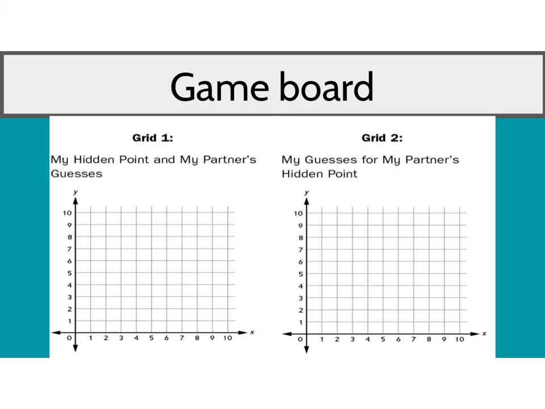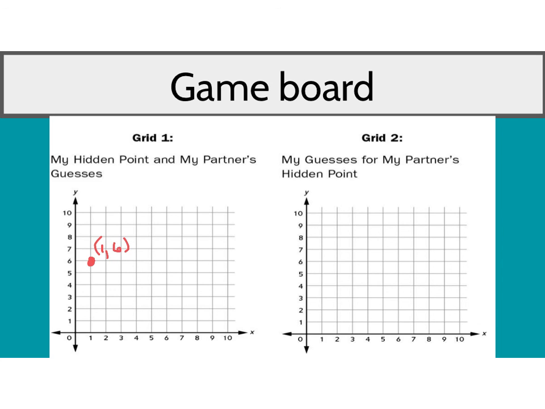So let's say that I pick red right now and I am going to place my hidden coordinate right here, right? And I'm going to write 1, 6, because that is my hidden spot for my partner to try to figure out.